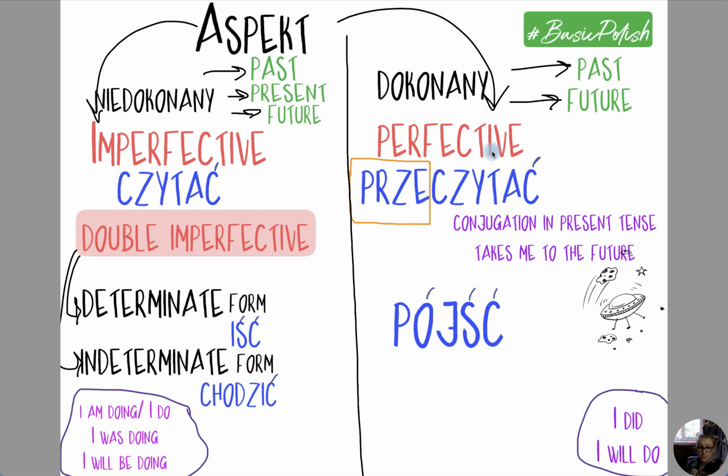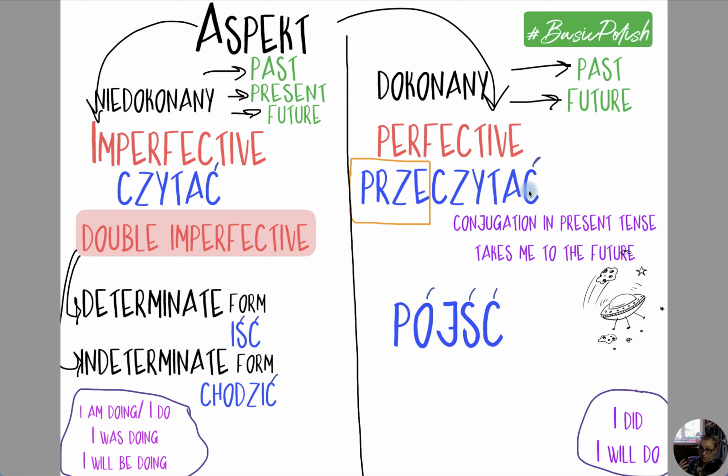We already said that there is no present tense with perfective verbs, because if I conjugate them as I normally do, they take me to the future. But I can also change the endings, add different endings to this verb, and it will take me to the past.